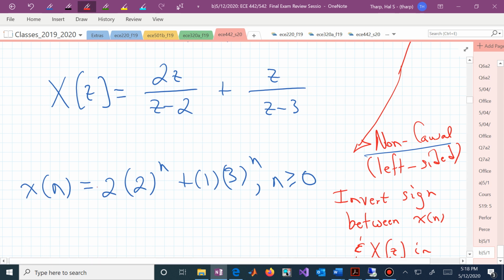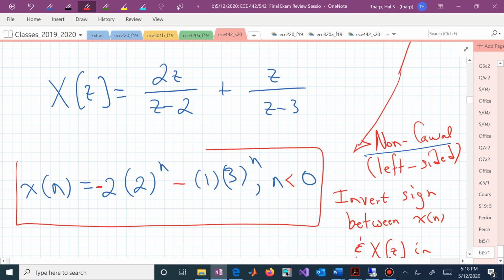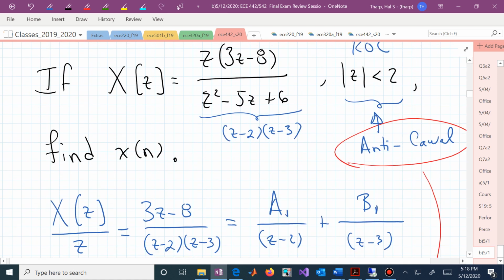That means we have to invert the sign between the z-transform expression and the time sequence expression, and this is non-causal, so this is now for n less than or equal to 0. And that's what we would produce from that z-transform question.